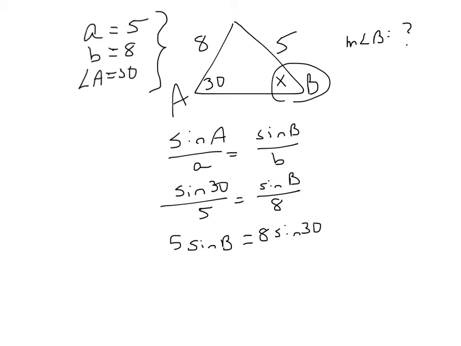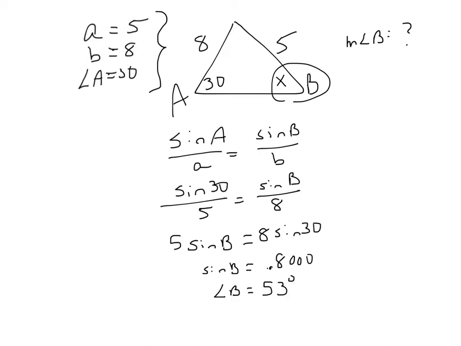Now we all know that the sine of 30 is 1/2, so that actually is going to only be 4, but that's okay. So that means that the sine of B then will have a ratio, if you plug that into your calculator, of 0.8. So when you inverse sine that ratio, you get angle B to the nearest degree of 53 degrees.